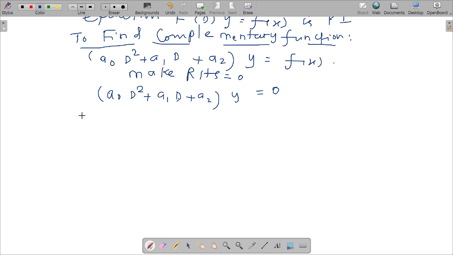The next step is substituting D equal to m in the above equation. The equation becomes a0 m square plus a1 m plus a2 into y equal to 0, but there is no need to write y here, so we write a0 m square plus a1 m plus a2 equal to 0, which is a second degree equation in m.